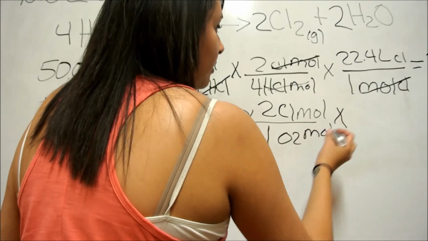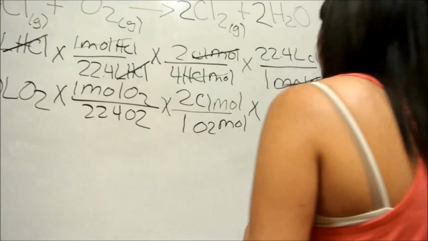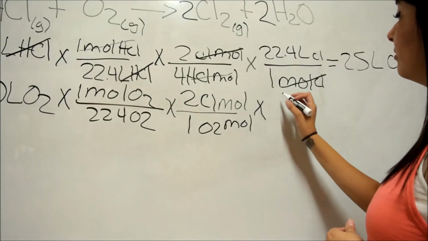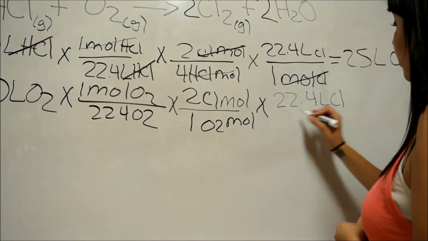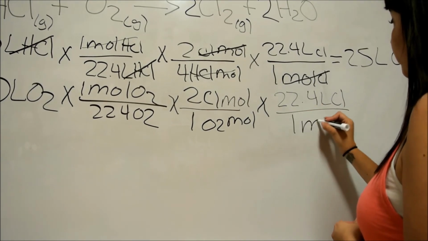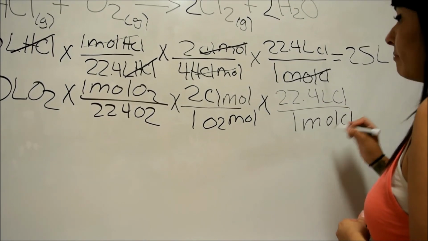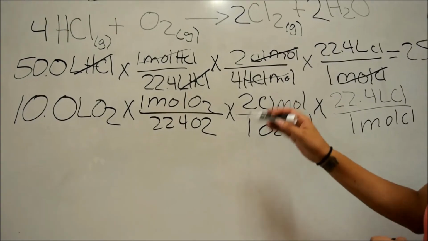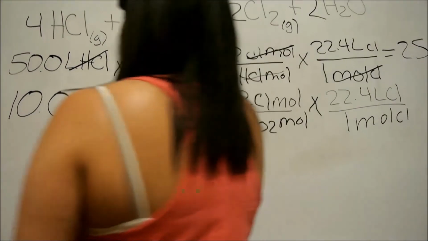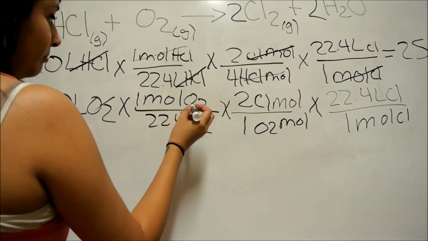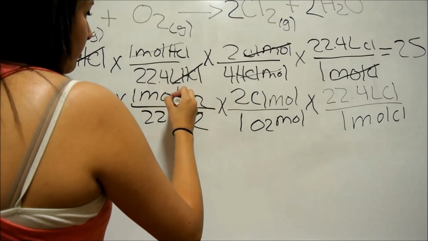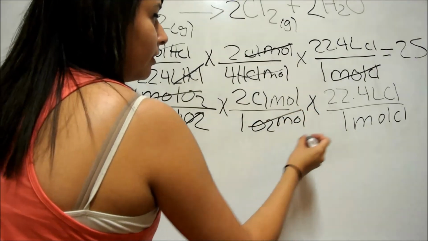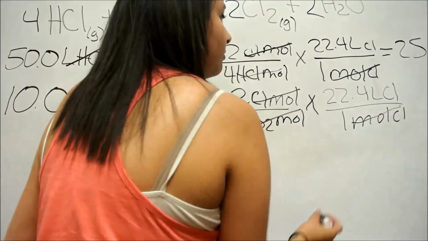And then we're going to go back to liters again and use the same thing here. So it'd be 22.4 liters over 1 mole. And then from here we're just going to cancel everything out. So O2 cancel, liters O2 cancel, O2 mole cancel, and then Cl mole cancel.